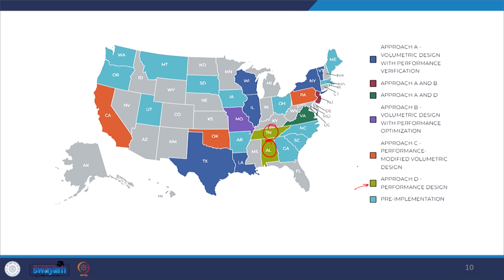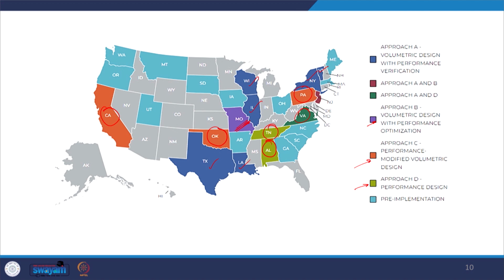If you talk about approach C, again we have few state agencies here, and approach B, which is on performance optimization, has been tried by only one highway agency, whereas approach A and D has been used again by one, and approach A and B has been used by various other agencies, which is marked here.